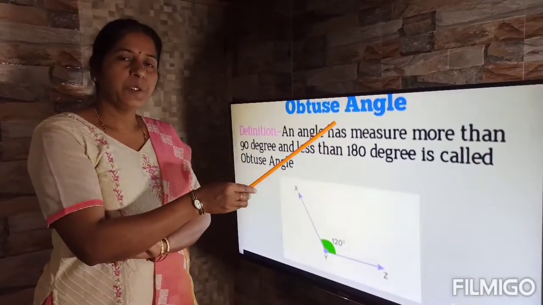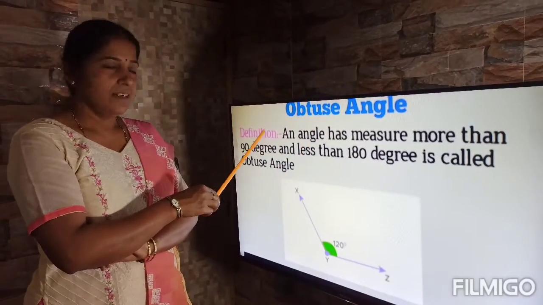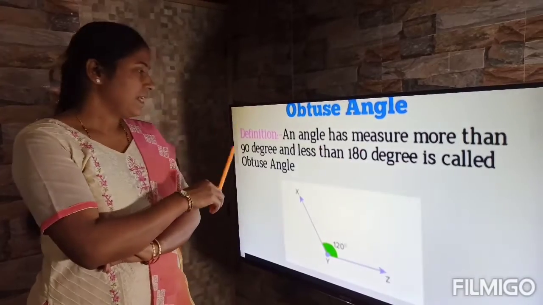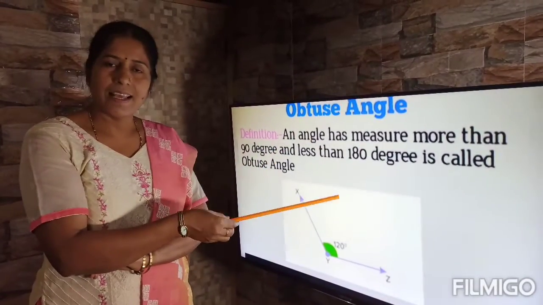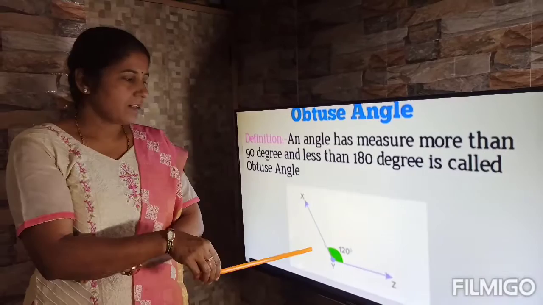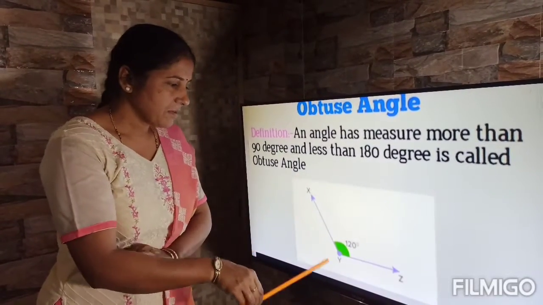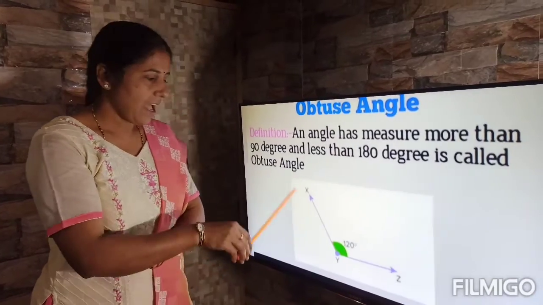Now, obtuse angle. Definition: an angle that has a measurement more than 90 degrees and less than 180 degrees is called an obtuse angle. See this one, XYZ is the angle.